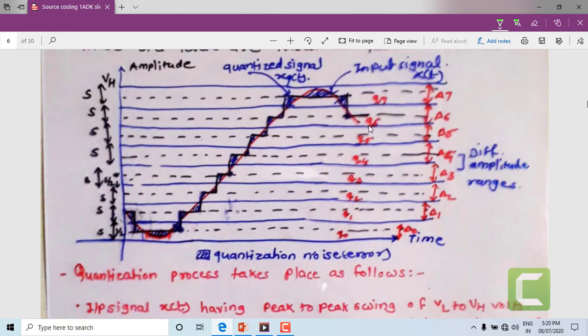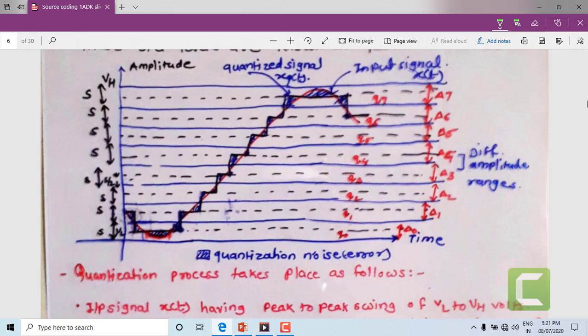When changing from one quantized level to the next, the vertical distance between two consecutive quantization levels is said to be the step size, marked here on the vertical axis as S.